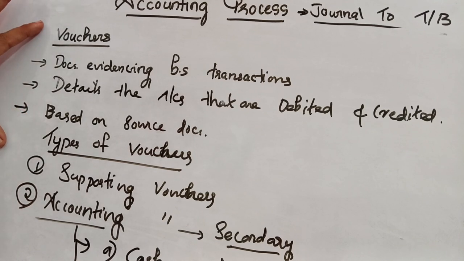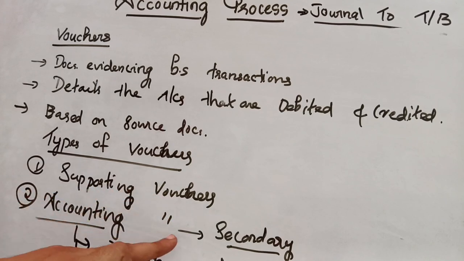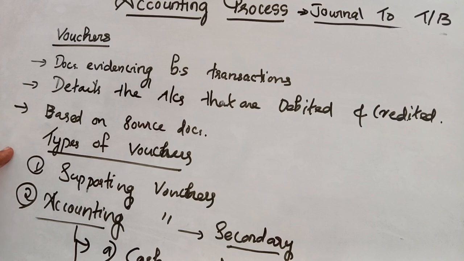Vouchers can mainly be classified into two categories: supporting vouchers and accounting vouchers. Supporting vouchers are otherwise called source vouchers or source documents because they are prepared when a transaction comes into existence or is entered into.